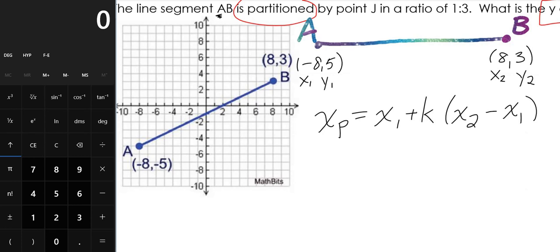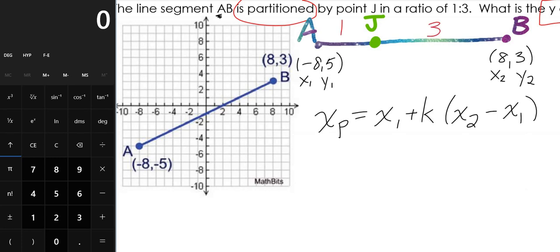Okay, now the other point that we're going to put down is J. So J is going to partition the line segment, which means kind of split it, in a 1:3 ratio. So I'm going to put J obviously closer to A. So this is J. And it's going to divide it in a 1:3 ratio. So 1 on the left, 3 on the right, because that's how they stated it.